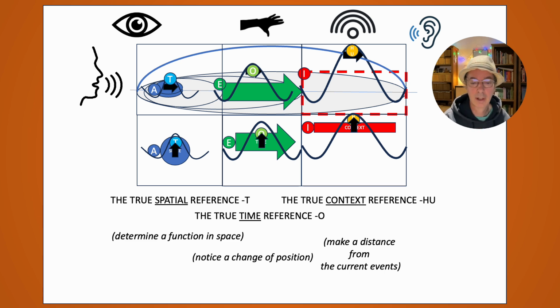With the O, it's not just a time reference, it's also used as a change of position. And the H, I already told you, is taking a distance from current events. It separates the context from the context that is followed, the border from where it matches and where it doesn't anymore.